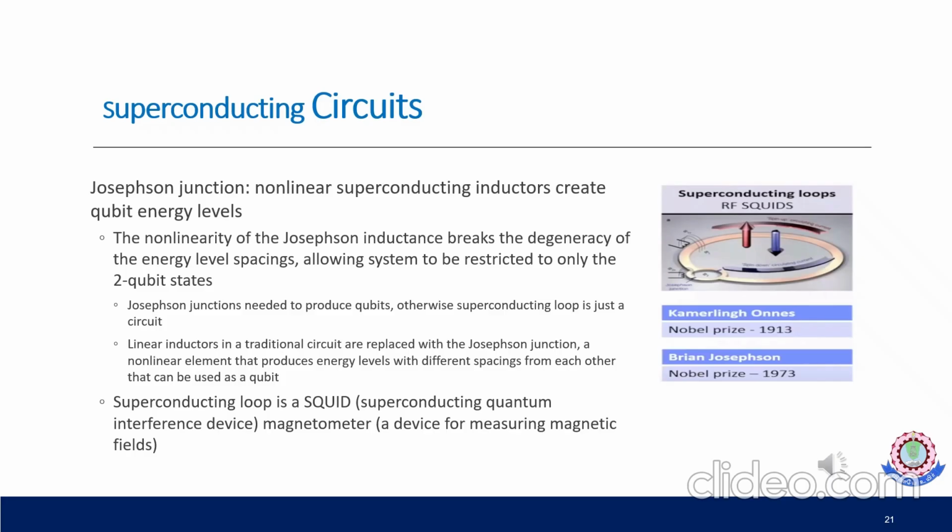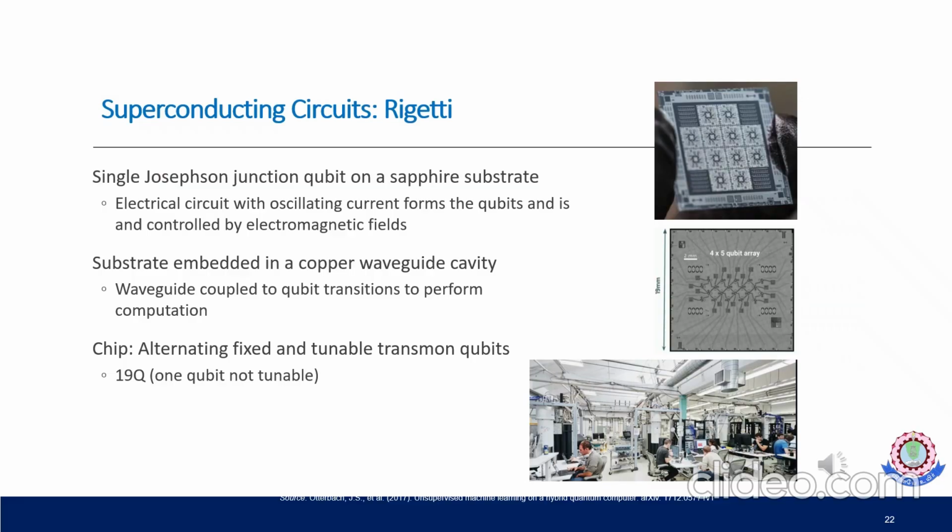Junctions are needed to produce qubits, otherwise a superconducting loop is just a circuit. Linear inductors in a traditional circuit are replaced with Josephson junctions, a nonlinear element that produces energy levels with different spacings from each other that can be used as a qubit. A superconducting loop is a SQUID, a superconducting quantum interference device magnetometer, a device for measuring magnetic fields.